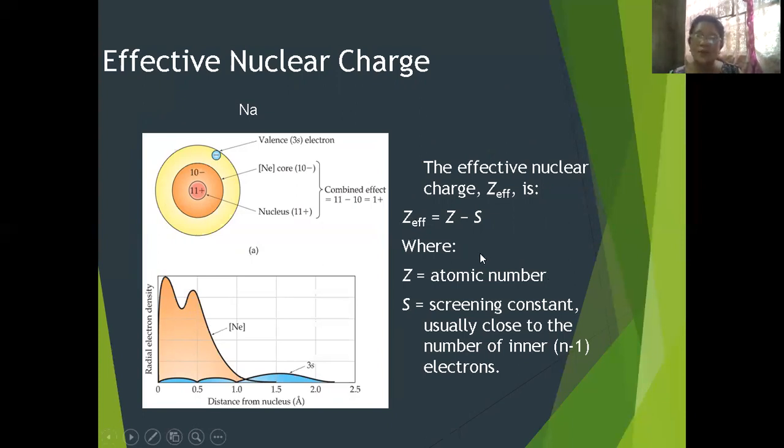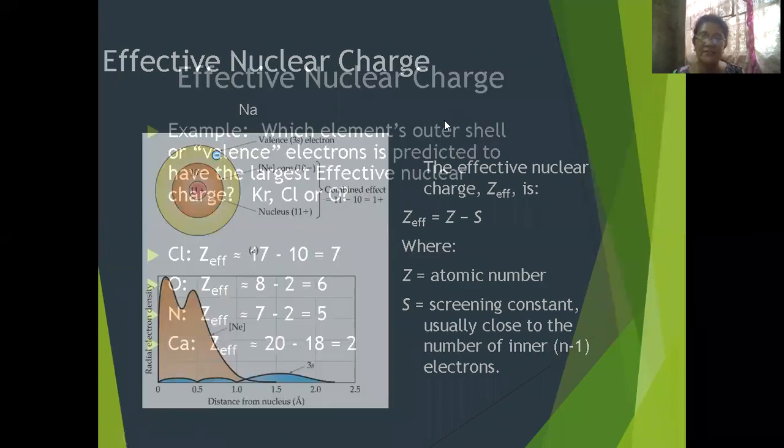So where Z is the atomic number, then S is the screening constant. How are we going to compute the screening constant? Screening constant is N minus 1, where N is the main energy level. And that is effective nuclear charge.